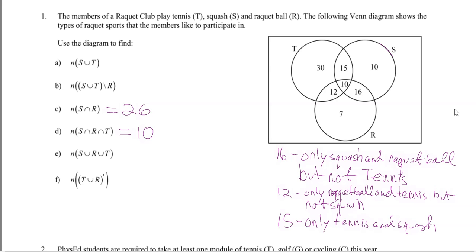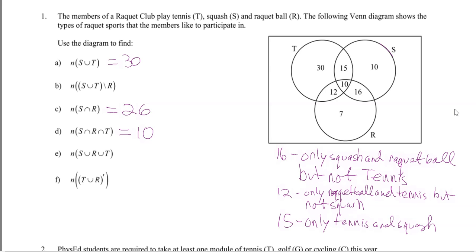Okay, what's the number in S union T? S union T. Or how would we calculate that? What numbers would we do stuff with? So S union T says take squash or tennis or both. Yep.